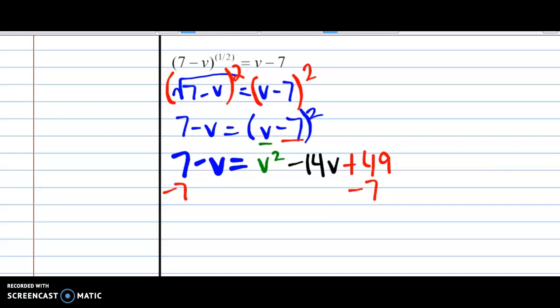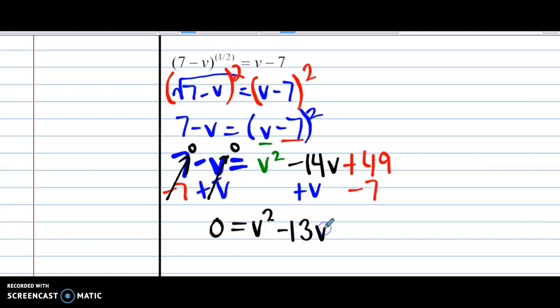It's a negative v, so we do a positive v. 7 minus 7 is 0. Negative v plus v is also 0. I am left with 0 is equal to, now bring down the v squared, negative 14v plus v is minus 13v, and 49 minus 7 is plus 42.